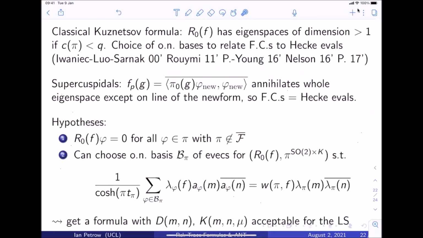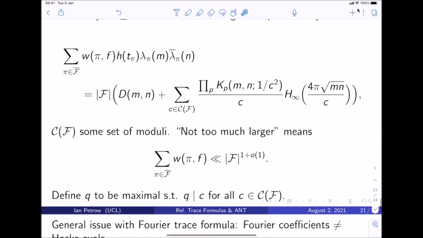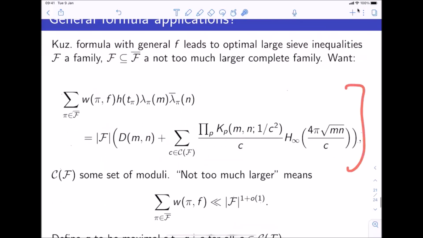So here, this is going to be an orthonormal basis of eigenvectors for this representation on this finite dimensional space. And then if these eigenvalues times these Fourier coefficients, if I can build up some weights such that that's these weights times the Hecke eigenvalues, then I'm going to directly get a formula like this with those weights and Hecke eigenvalues.